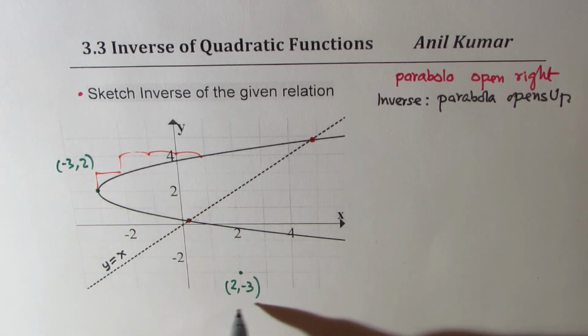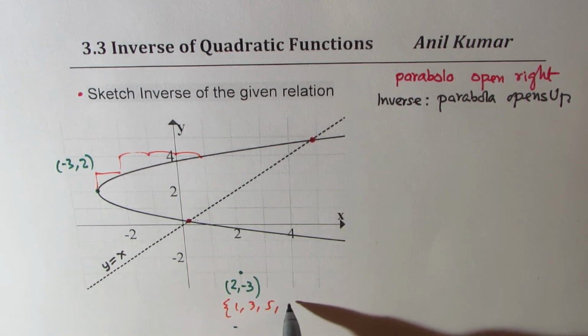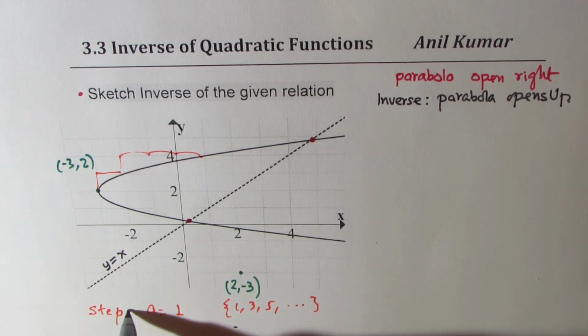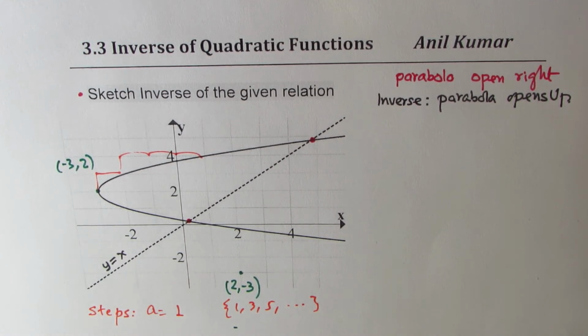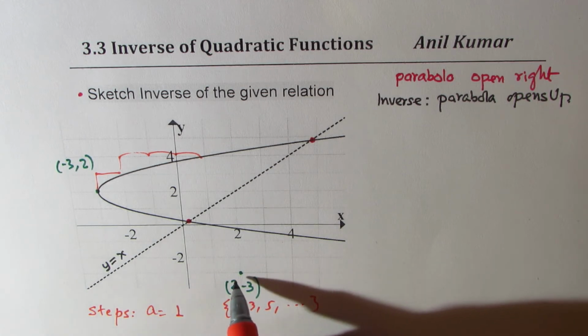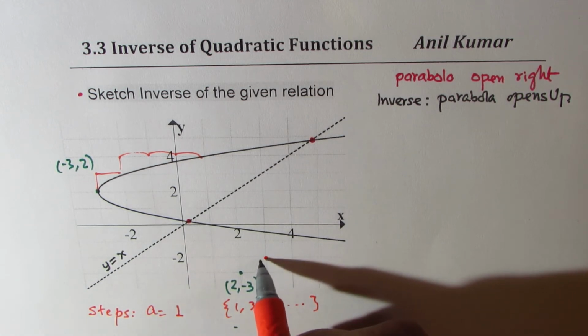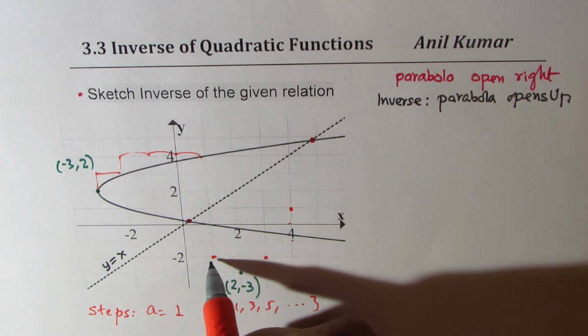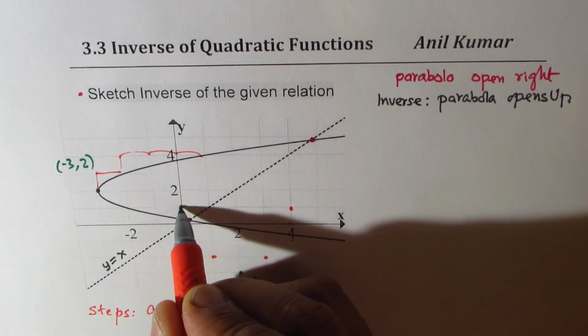That means the steps taken are 1, 3, 5, and so on. That means a is equal to 1, right? So this is from the steps. So those of you who understand steps, for them this sketch which I'm going to sketch now will be very simple. So we'll move one step, and then next time we'll use 3 steps, correct? And from symmetry we know 1 step, and next time 1, 2, and 3 steps.